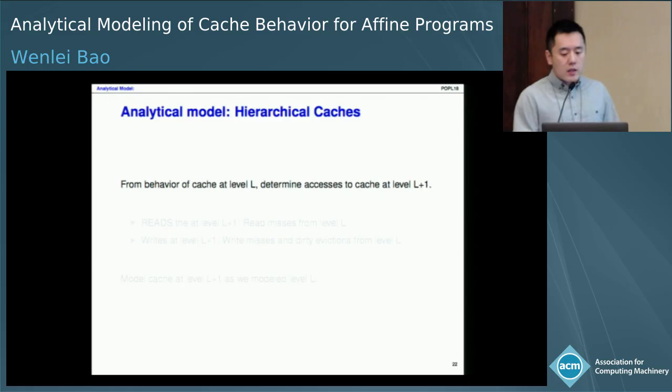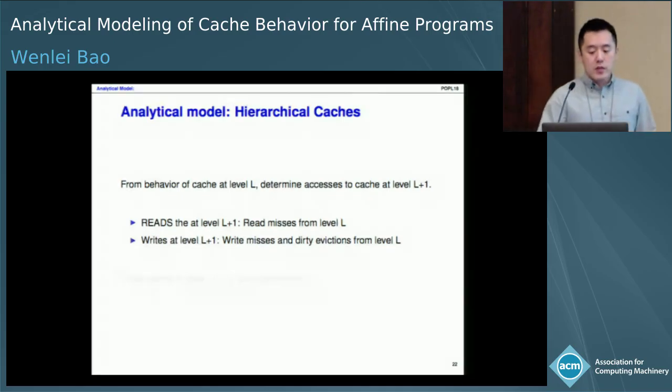Sorry. The way to model hierarchical caches is that you need the cache read, and the read and write events for the next level cache. The read for the next level cache is the read misses from the current level, and the write to the next level is the write misses plus the dirty evictions mentioned above from the current level.